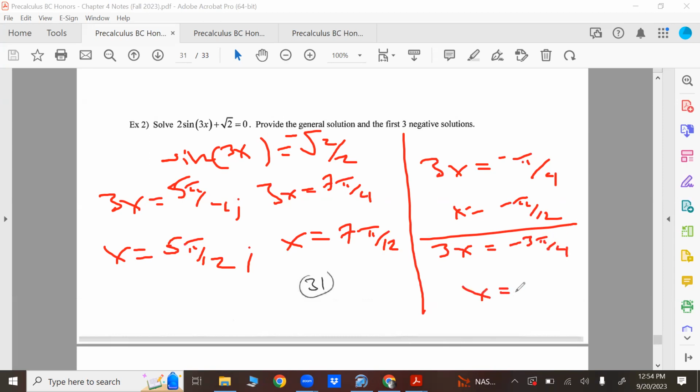So what would x equal in this case? Negative pi over 4, right? And then if I went backwards one more time, I have negative 9 pi over 4, good. What would I get? Negative 3 pi over 4? Okay.